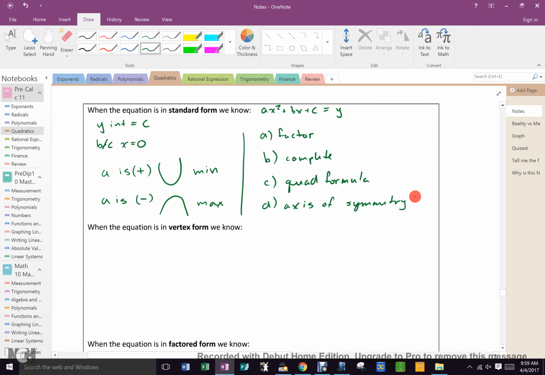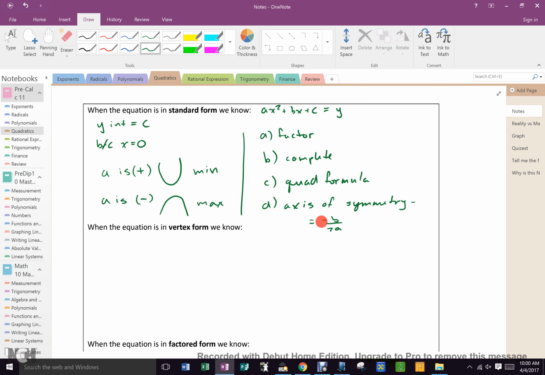If you do find the vertex. Oops, not the vertex. Axis of symmetry from doing what gets us the axis of symmetry? Negative b over 2a. That is what you can do with the standard form.